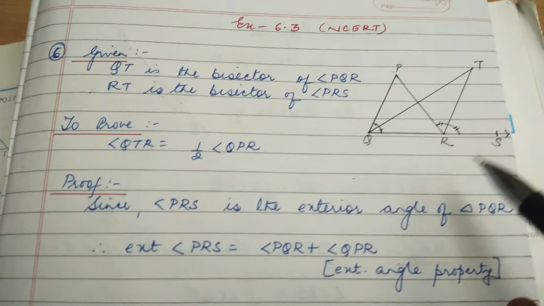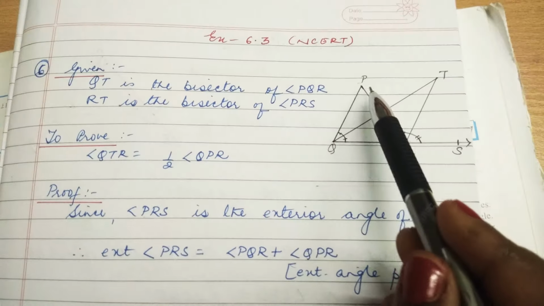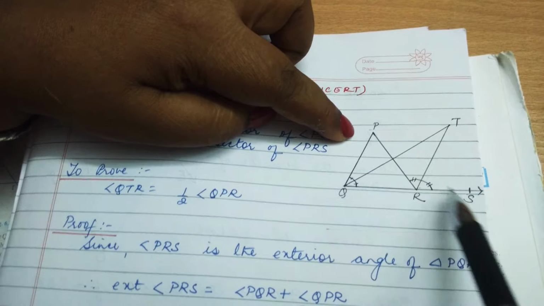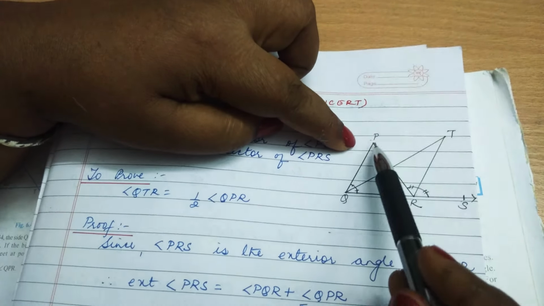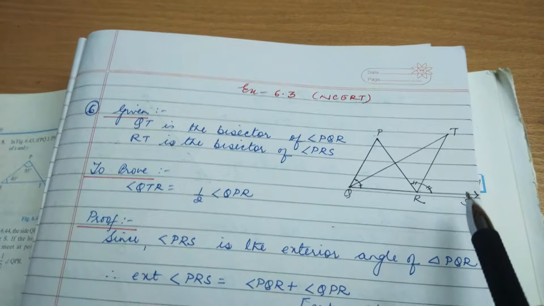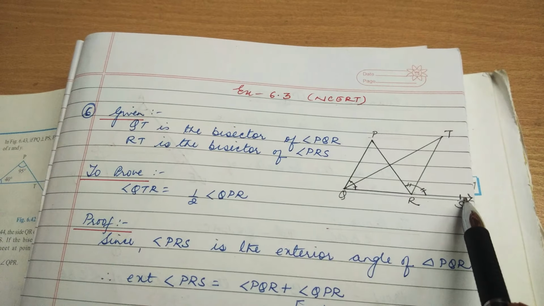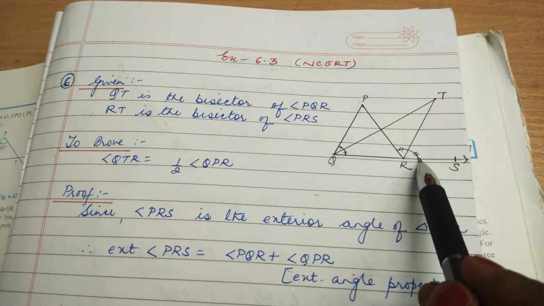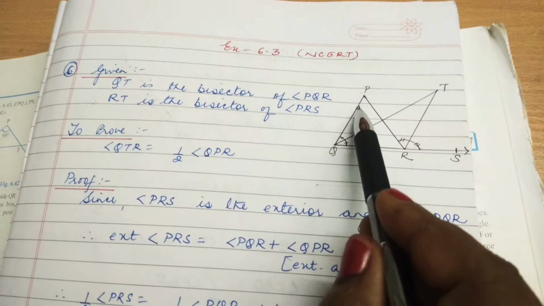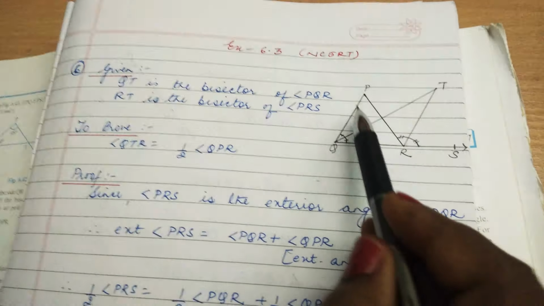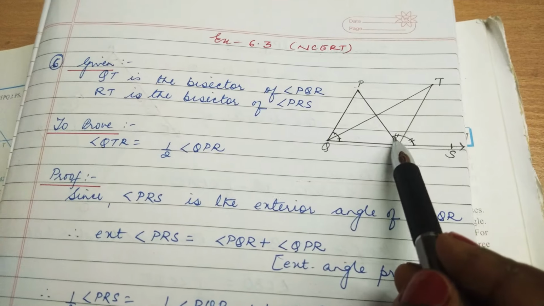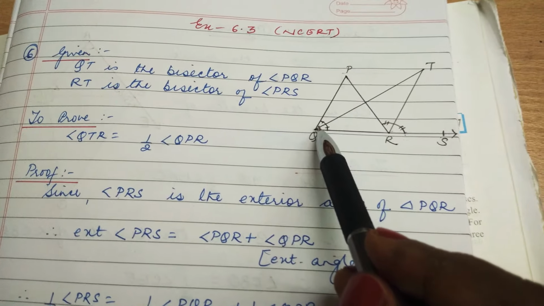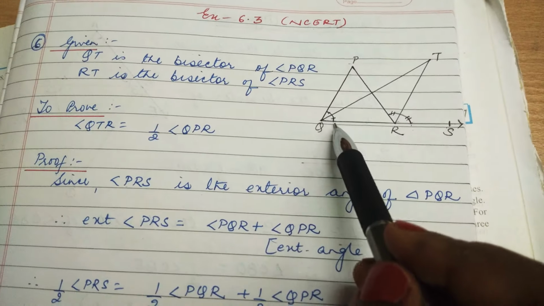Since angle PRS is the exterior angle of triangle PQR, by the exterior angle property, exterior angle PRS will be equal to angle PQR plus angle QPR. That is, the exterior angle of a triangle is equal to the sum of two opposite interior angles.